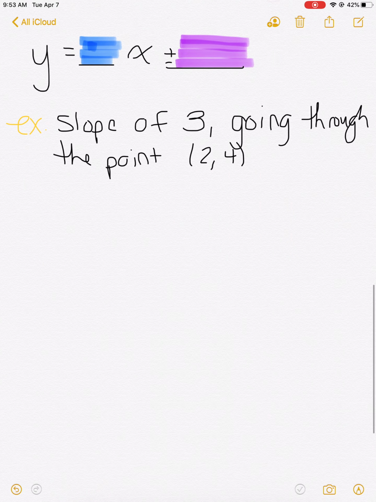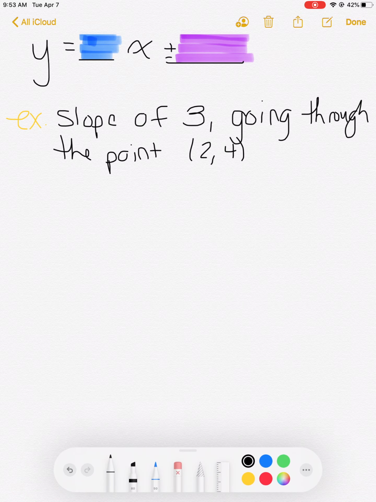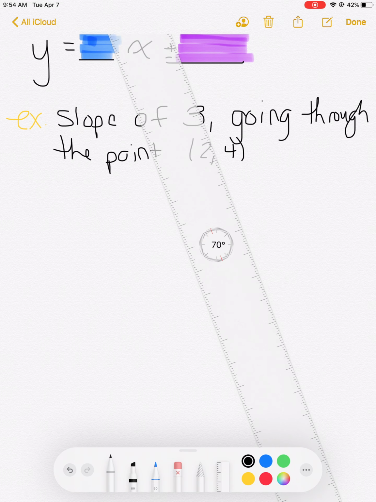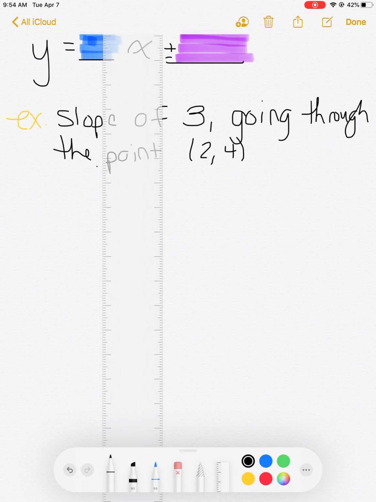If you were trying to graph this, which you don't need to do, because that's what we're trying to get away from. But some of you are visual learners and you want to see what that looks like, and that's perfectly fine. So let's say I make my Cartesian plane.